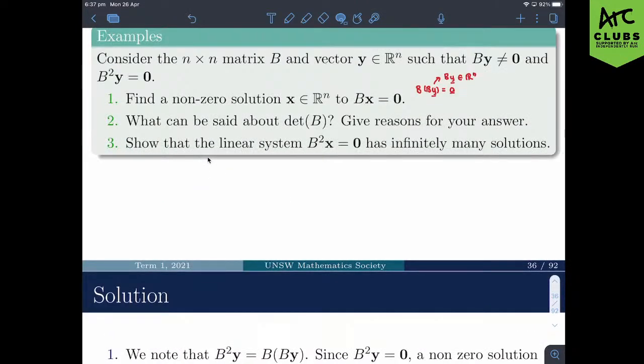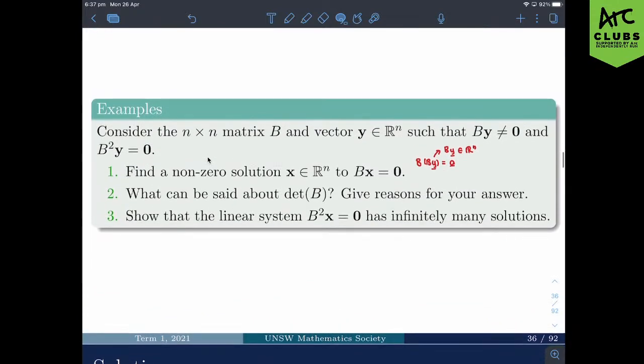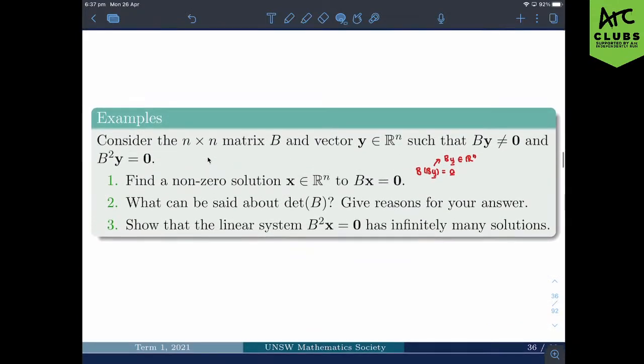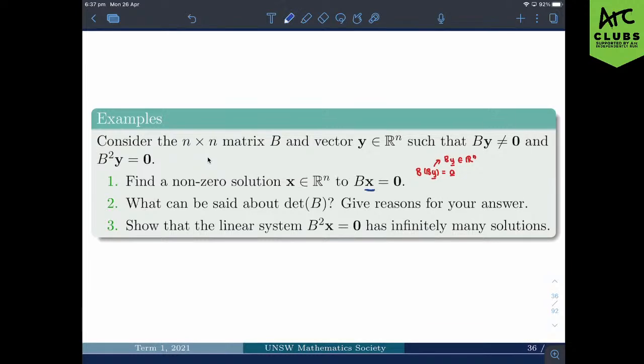Next question, what can be said about the determinant of B? We can see that for this system, one solution is the zero vector. And we also see there is a non-zero solution to this system, so there are at least two solutions.